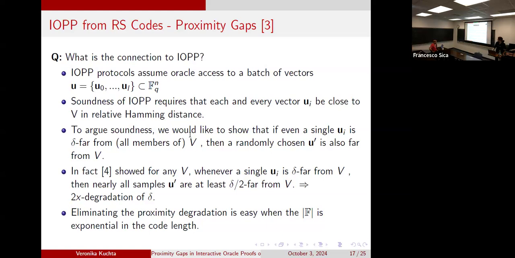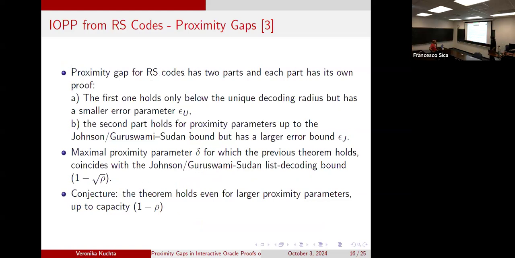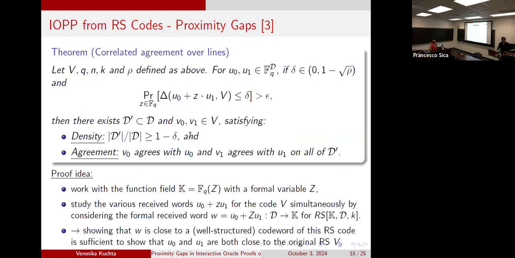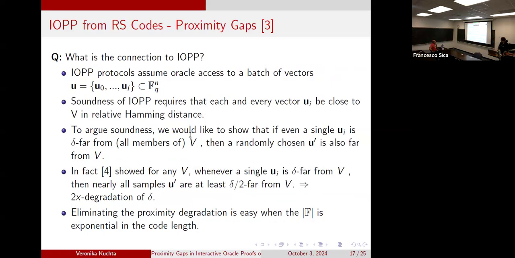This brings us already to what we actually need. In the ideal case, we want this proximity parameter to be improved up to this form, 1 minus rho.